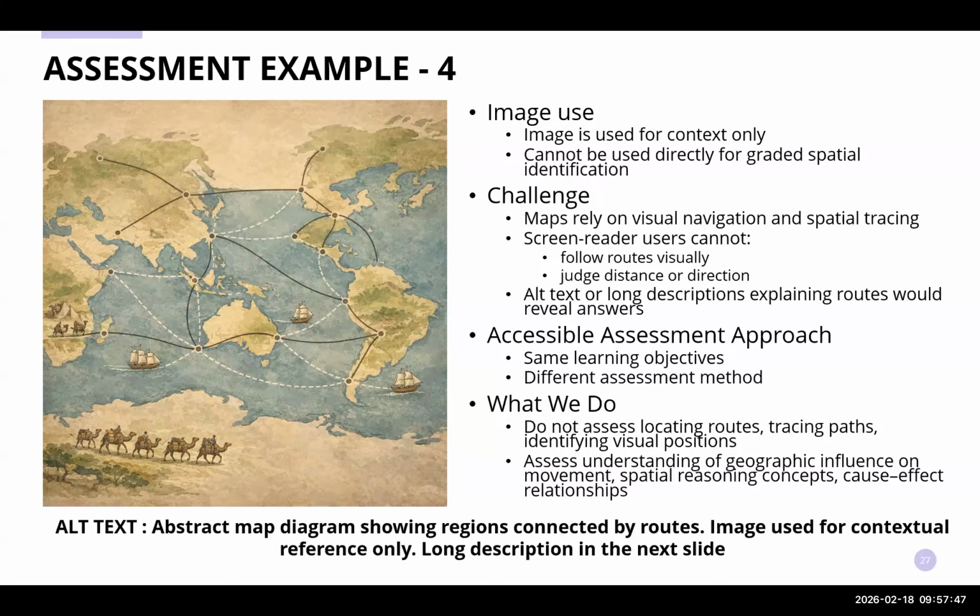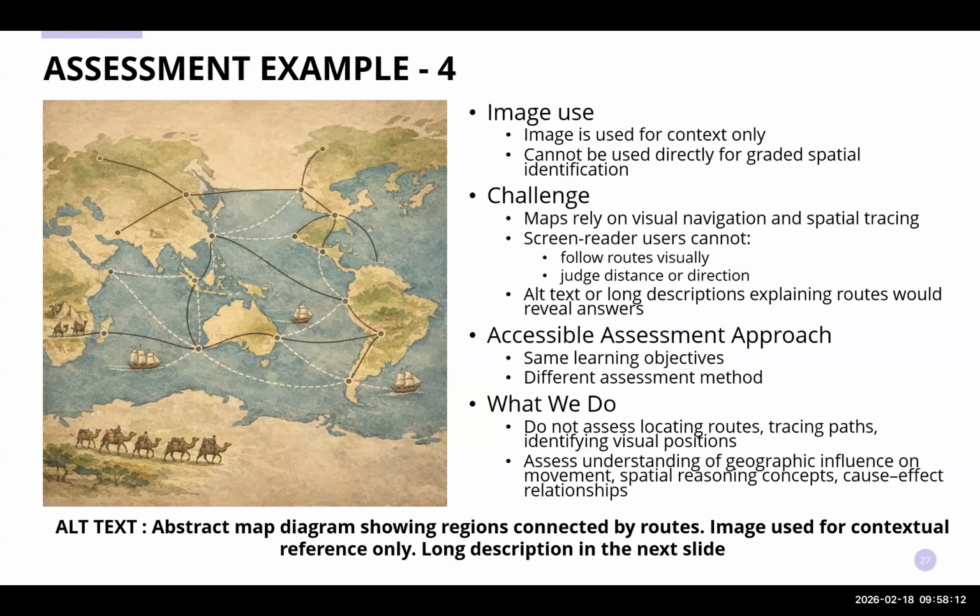The alternative text does not provide any answer, and students understand what the image is about from what you mentioned during your lecture. It does not require any visual cues; they do not need to see the image to take the assessment.